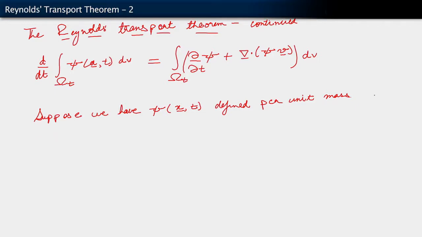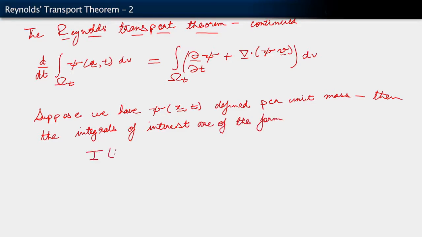Then the integrals of interest are of the form I of t equals the integral over omega t of, not psi by itself, but psi multiplied by the mass density in the current configuration, integrated over d little v.